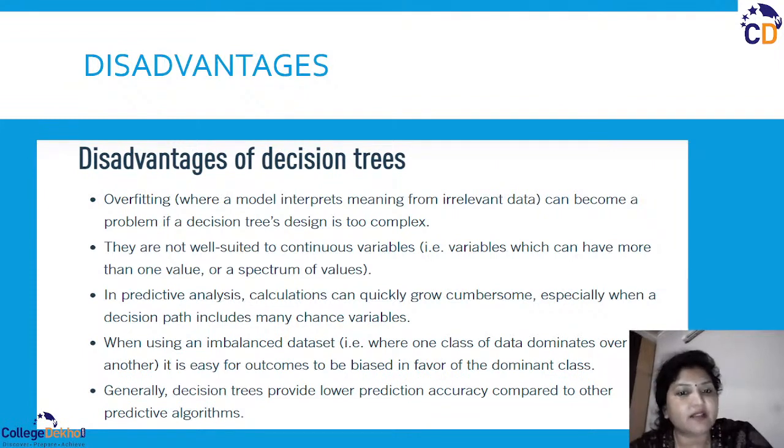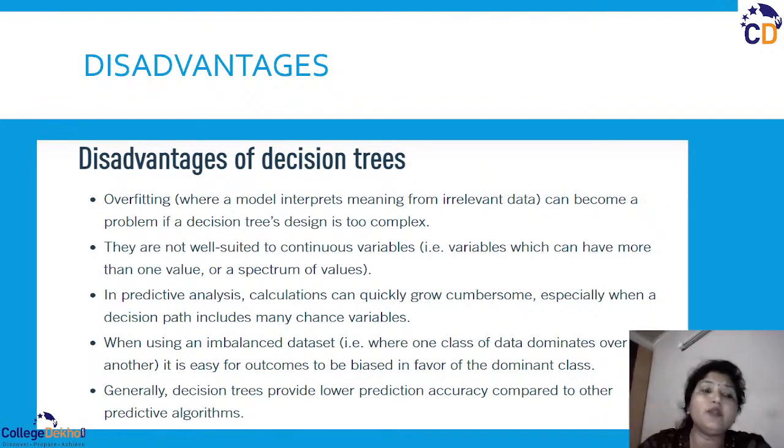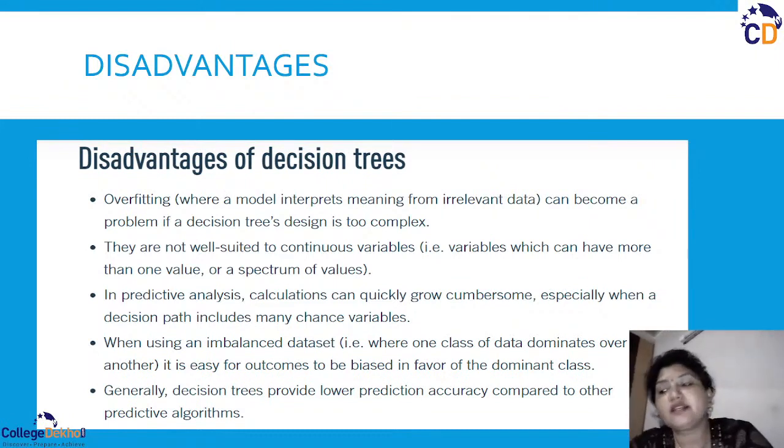In predictive analysis, calculation can quickly grow cumbersome, especially when a decision path includes many chance variables. So whenever you are using the decision tree, make sure you have a yes or no kind of situation. If you have multiple conditions, it may decompose them, but your decision tree becomes more complex in that case.